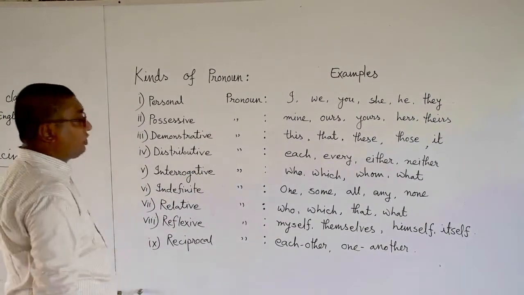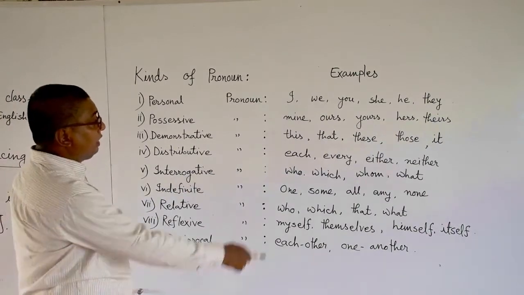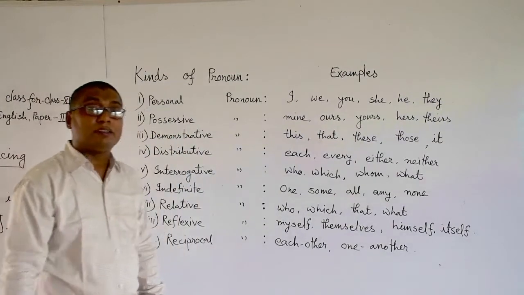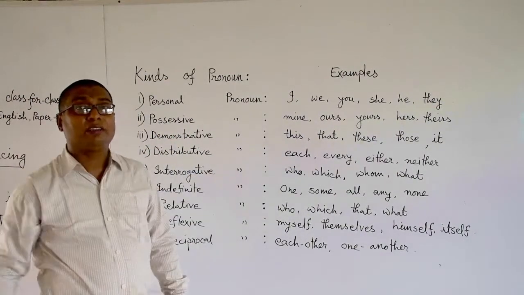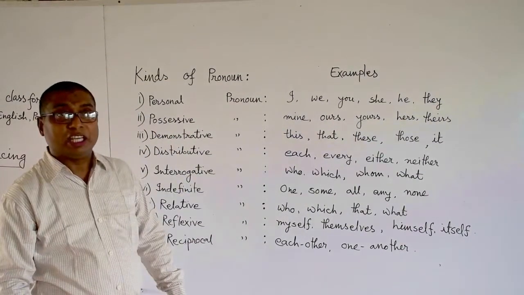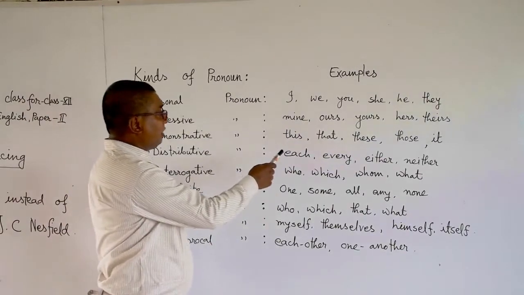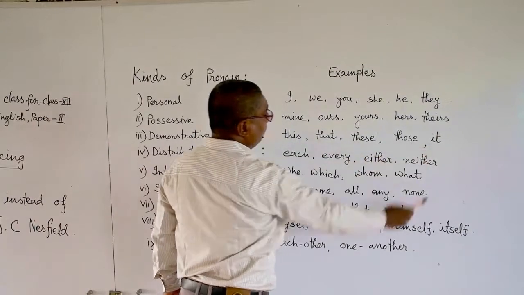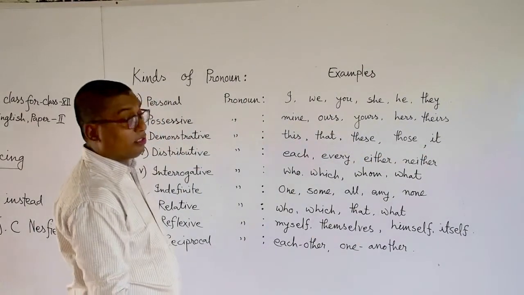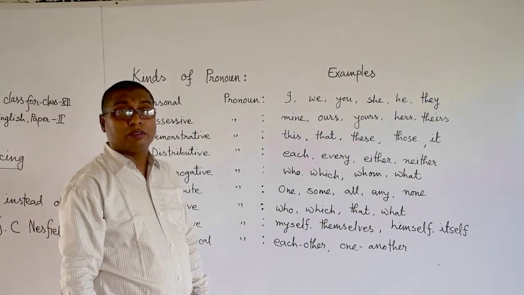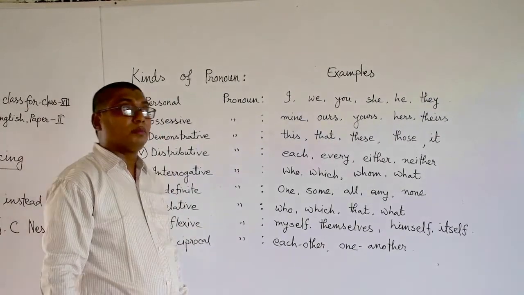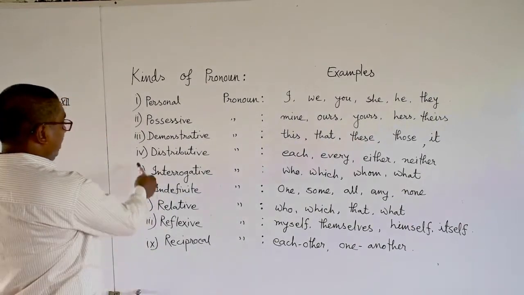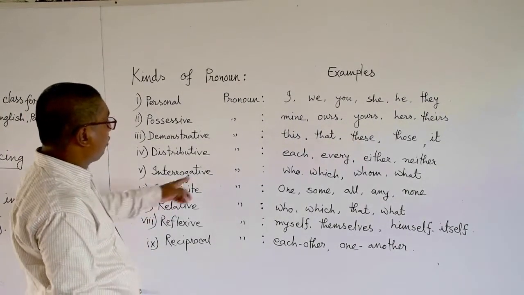Next one is demonstrative pronoun. This, that, these, those, it, that demonstrate things, show the thing specially. Here it is also often used as a personal subject. Next one, distributive pronoun.